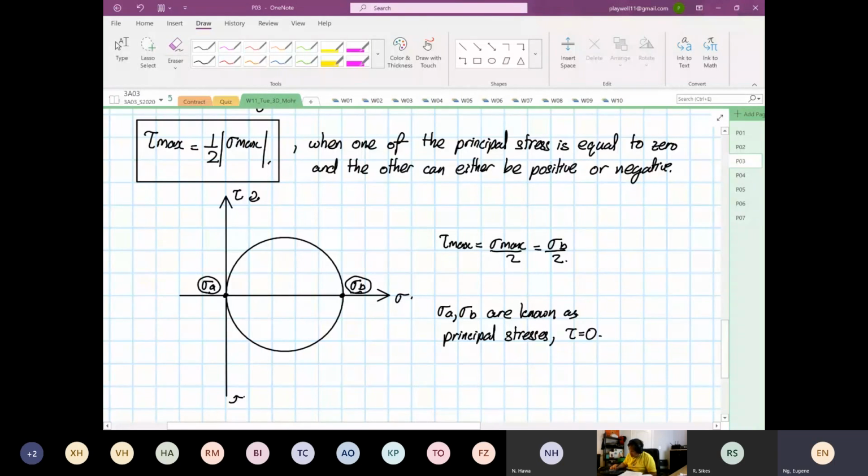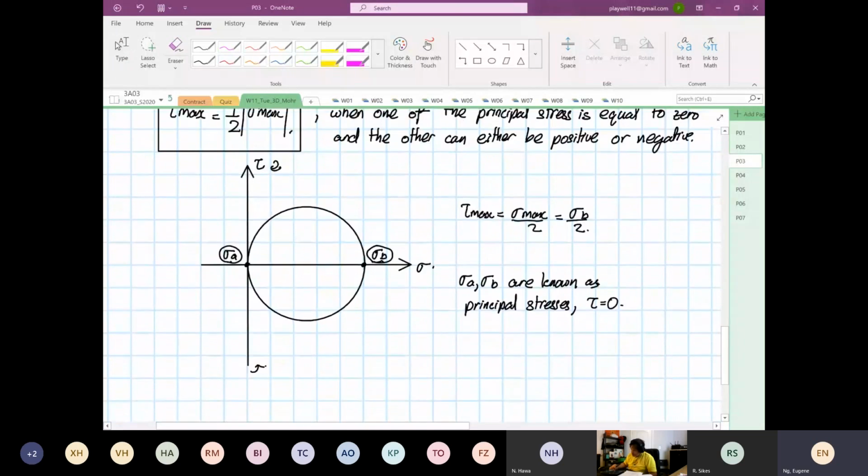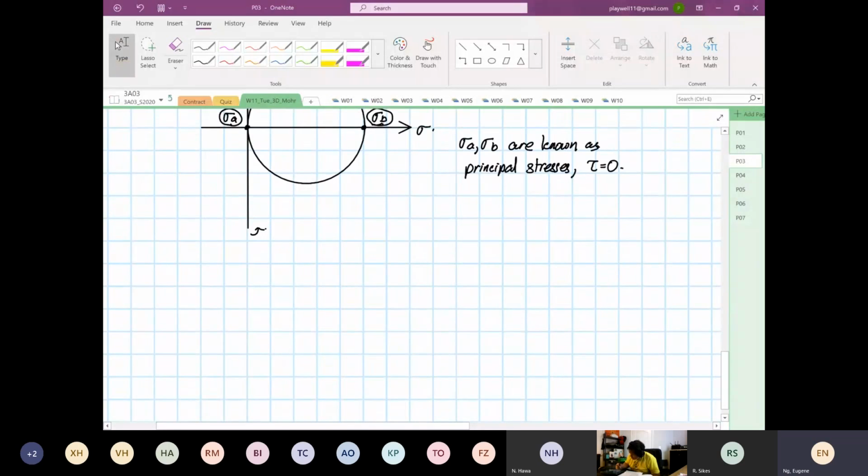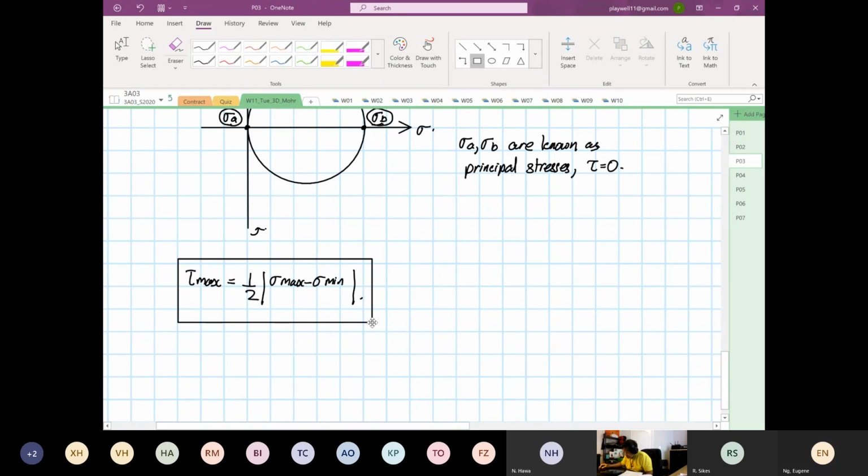Okay. Now another equation that can be used, okay, in Tresca is where tau max, the maximum shear, right, will be equal to half the absolute value of stress max minus stress min. So this is the other condition. Okay.